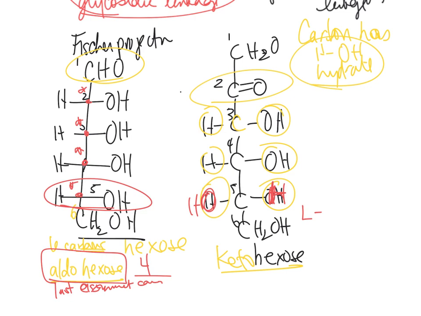That's an L, and it would rotate plane polarized light into that direction. If it's on the right here, it's a D, okay? Because it's kind of interesting that that last carbon here, right before the CH2OH, that last asymmetric carbon, will classify these sugars whether they're D or L. So this would be a D aldohexose, and this would be an L ketohexose.